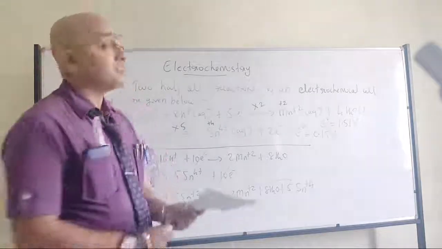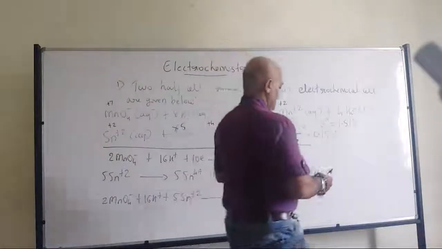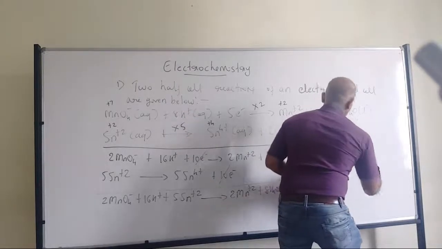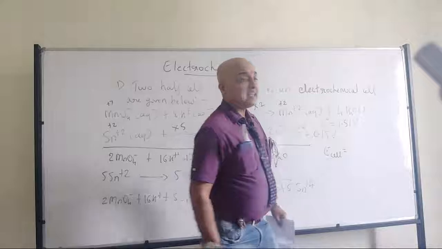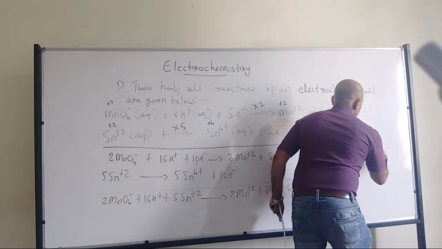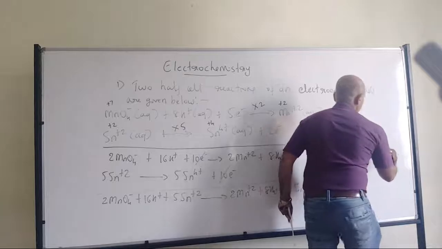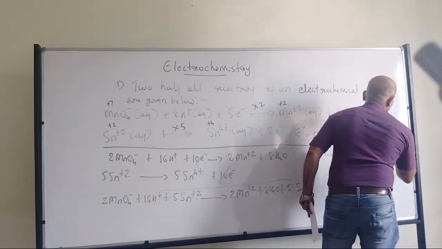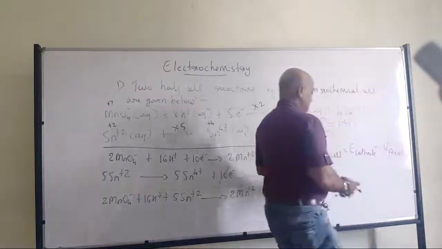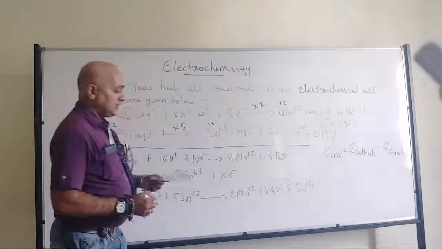We have to go with the values. Say for example, I want to see the cell potential. So the cell potential is equal to the half potential of the cathode, and another one is related to the anode.